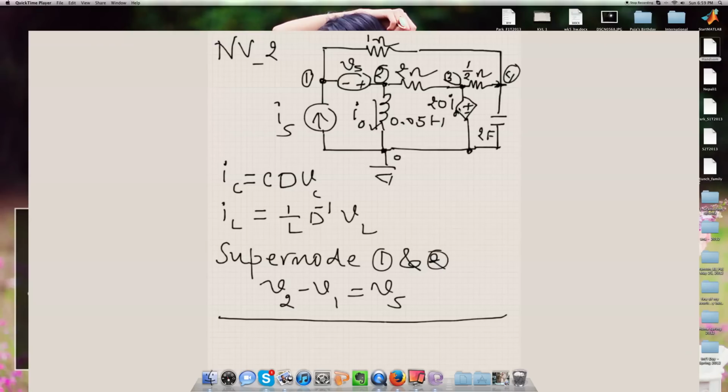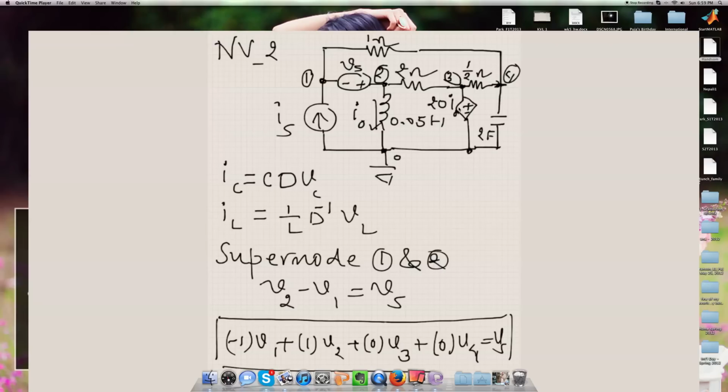This one has, let's say, minus 1 multiplying V sub 1, and it has 1 multiplying V sub 2, and no V sub 3, no V sub 4, equals V sub S. So this is ready to go to the matrix.